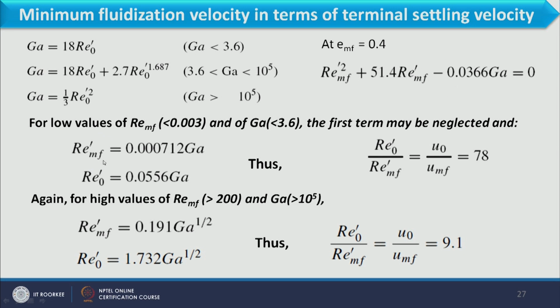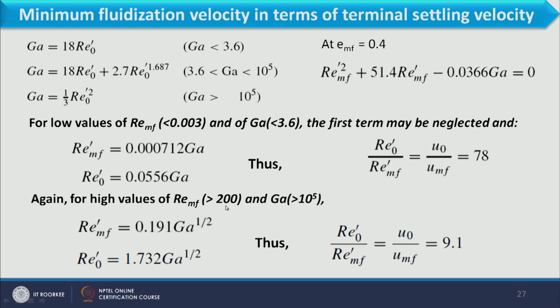So Reynolds number at minimum fluidizing condition is obtained as 0.000712 Galileo number, and similarly Reynolds number at terminal falling condition we can obtain by this, because here Galileo number is less than 3.6. The ratio of these two will give the value 78, which is the ratio of terminal settling velocity and minimum fluidizing velocity, because the rest of the parameters become equal.